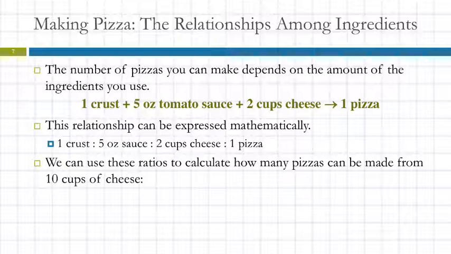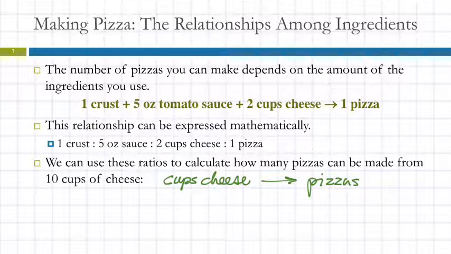So this comes down to dimensional analysis again. So here we have a given amount. We have 10 cups of cheese, and we're trying to figure out how many pizzas. So the path here is cups of cheese to pizzas.